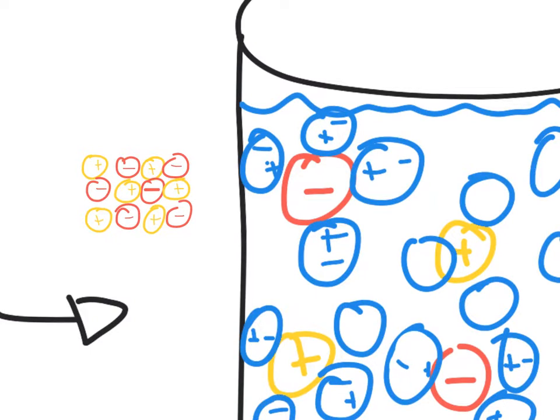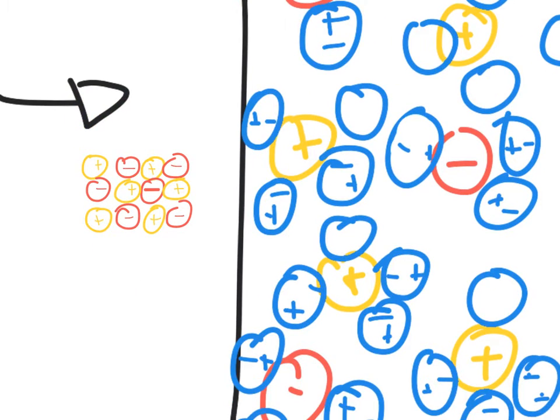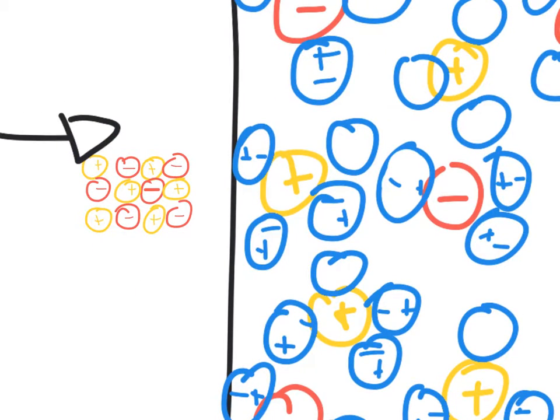Each water molecule is still neutral, it's just that the molecule has oriented itself with the positive side of the molecule attracted to the negative chloride ion. If we look at a copper ion, we see something similar, in that the negative side of the water molecule has oriented itself towards the positive copper ion.